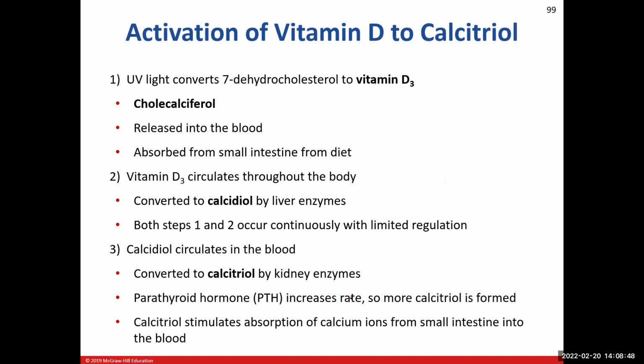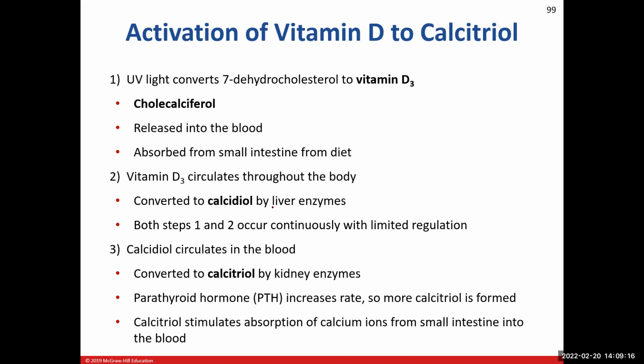So that ultraviolet radiation from the sun is going to strike the keratinocytes in your skin, and the keratinocytes are going to make this substance called cholecalciferol, and it's going to circulate into your blood throughout the body. And as it circulates throughout the body, it's going to make a stop in the liver.